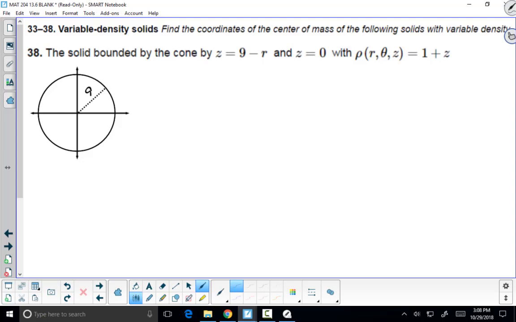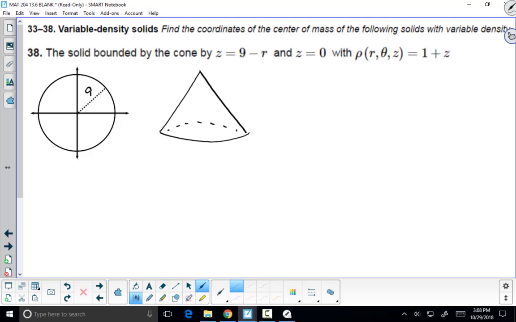And is our density function symmetric on that domain? Is there any assumption that we can make? So right now we've got this cone that's opening downward. Actually, it looks like the only thing the density depends on is the height. Can we assume that x bar and y bar are the same?